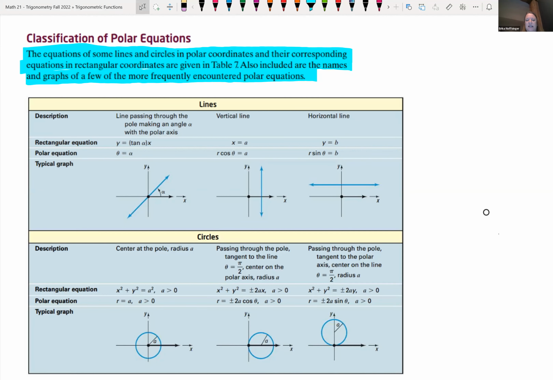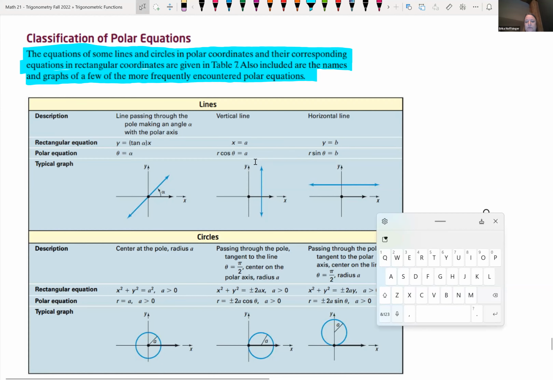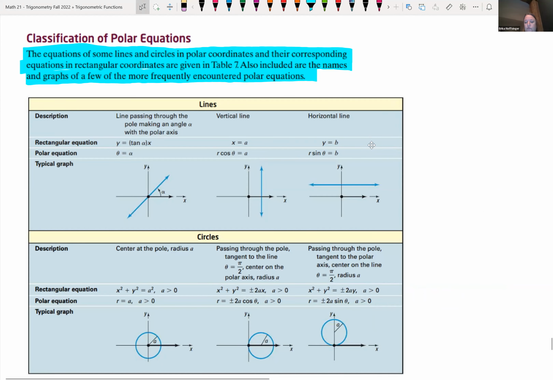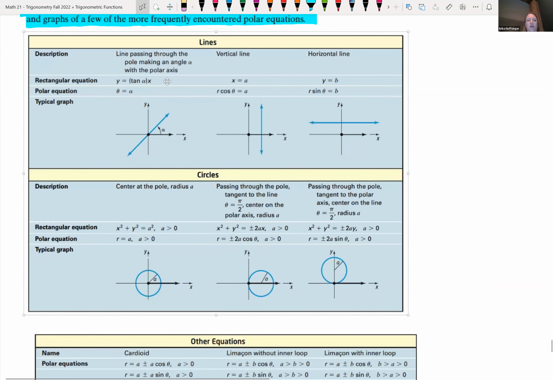So we talked about getting lines. A line passing through the pole, making an angle of alpha with the polar axis, would be y equals tangent alpha of x.